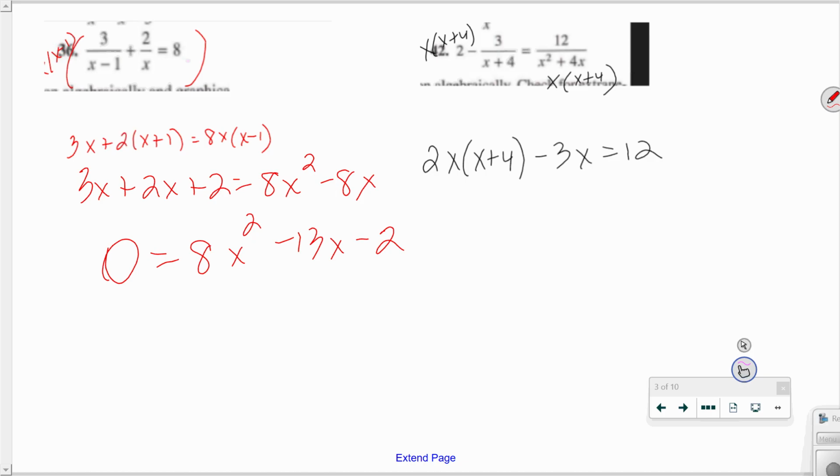I don't think this one was factorable. You do know it's a quadratic opening upwards. Again, I'm going to pass on putting that in the calculator because we don't have a calculator one. But we would just look at the calculator, or you could do the quadratic formula.